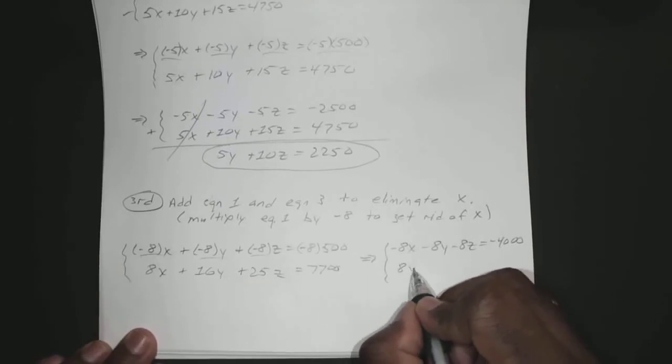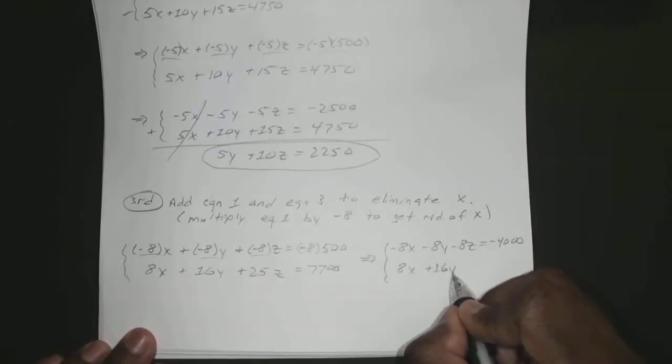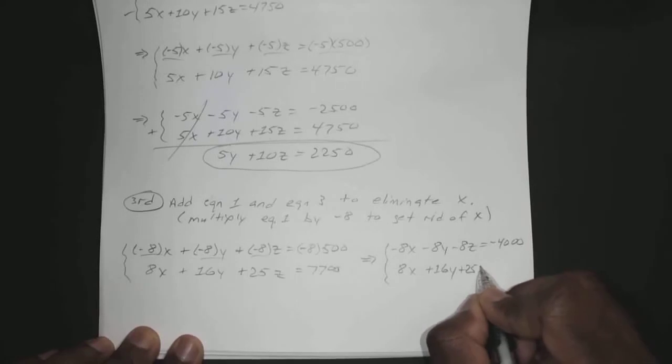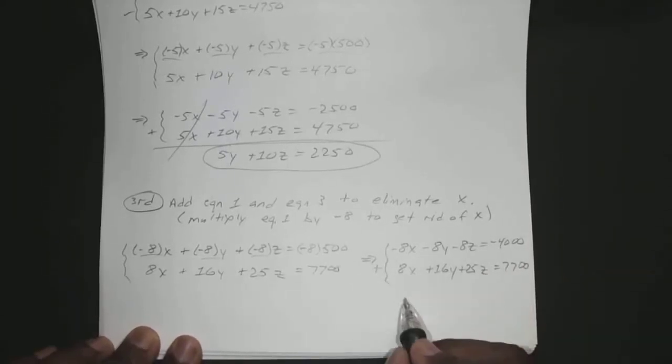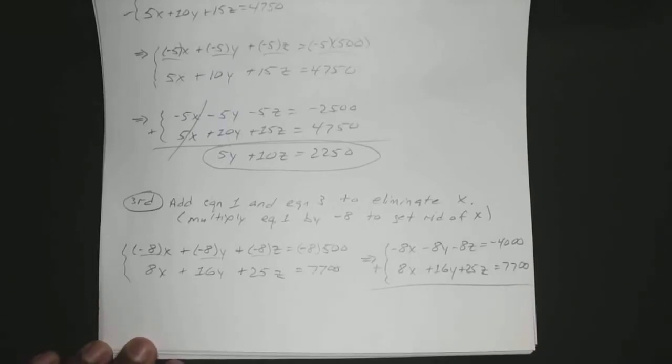So we have our 8x plus 16y plus 25z equals 7,700. We just go ahead and add those together. Okay, minus 8x plus 8x is 0, so that disappears like we planned it. Negative 8y plus 16y is positive 8y. And negative 8z plus 25z is positive 17z.